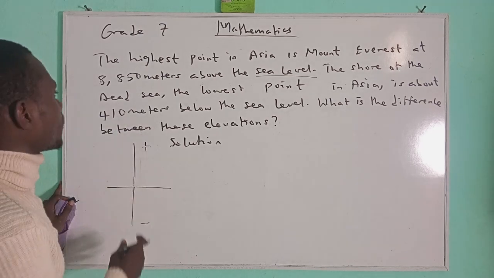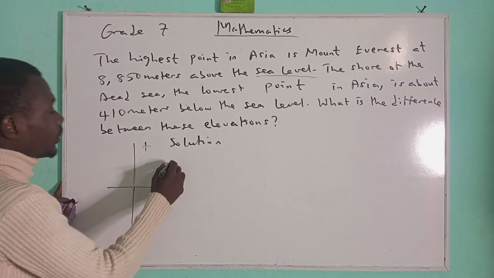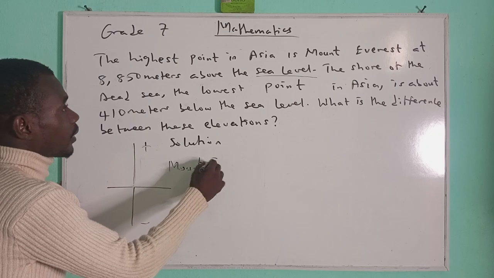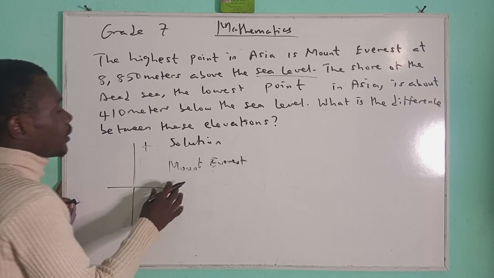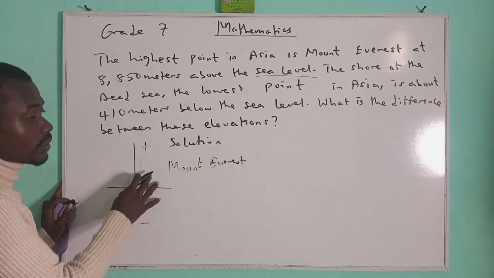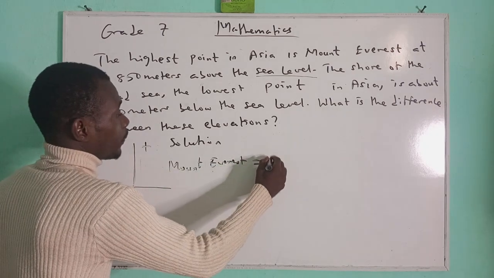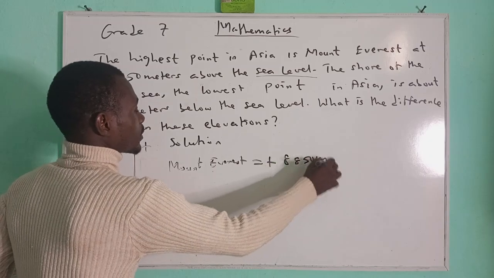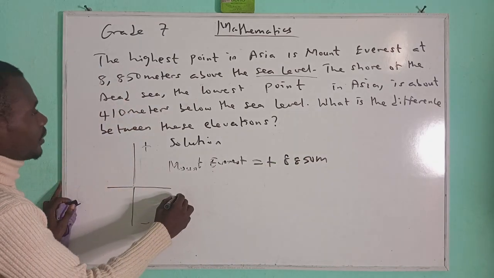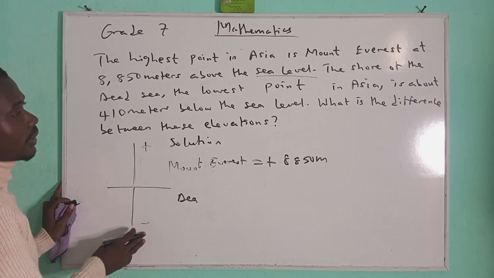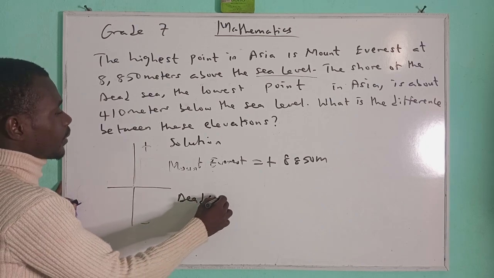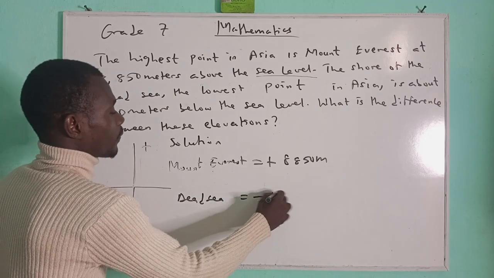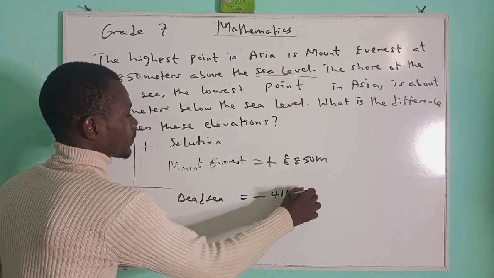Now for Mount Everest, the elevation here is taken to be positive 8,850 meters. While for the Dead Sea, because the Dead Sea is below the sea level, the elevation is taken to be negative 410 meters.